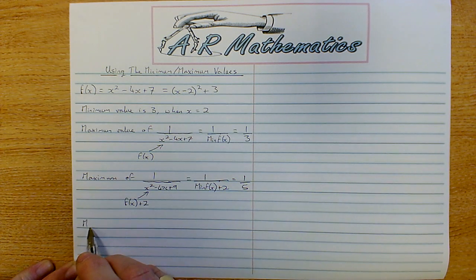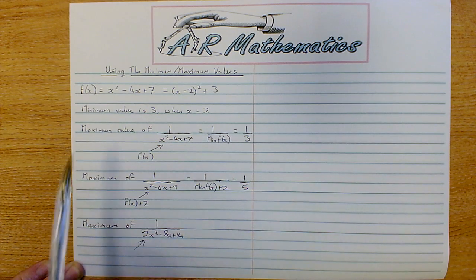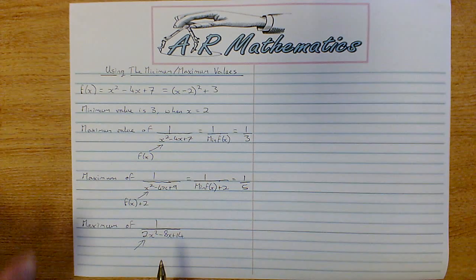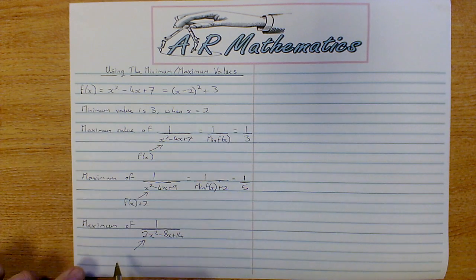Similar way, I can find the maximum value of 1 over 2x squared minus 8x plus 14. So if I have a look at this expression on the bottom and compare it to my function of x, then this function here is twice the size of my original one.